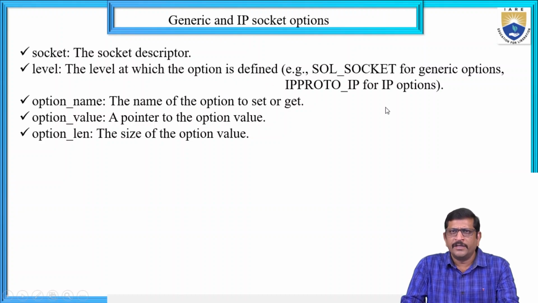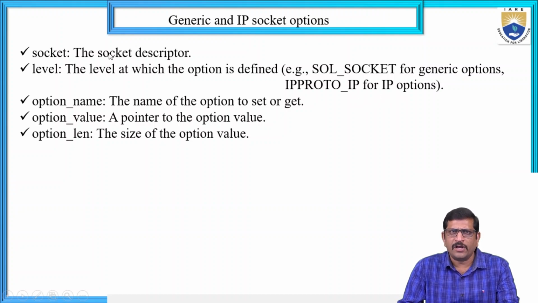That means SOL_SOCKET for the generic option, and IPPROTO_IP for the IP option. So an option can be defined at the SOL_SOCKET level, which is a generic option, or it is defined at the IPPROTO_IP level.